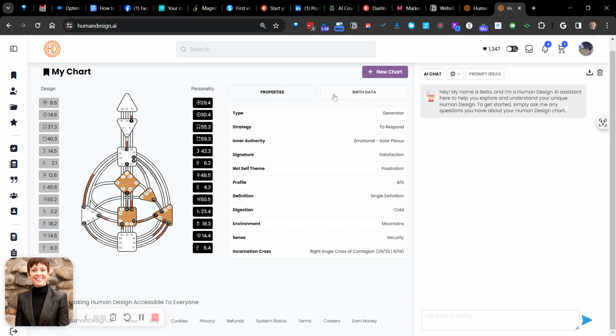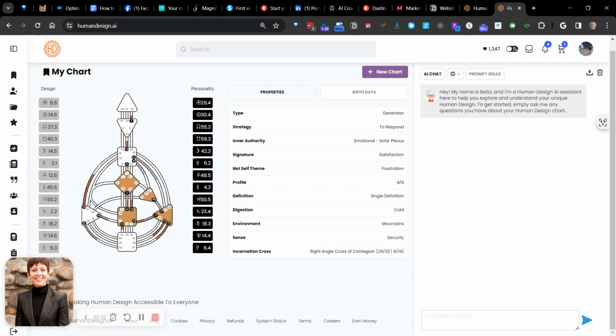Over on the right hand side are what are known as the properties or the context. So this tells you your human design type, your strategy, your inner authority. Some people actually have outer authority, but most of us have what's known as inner authority.